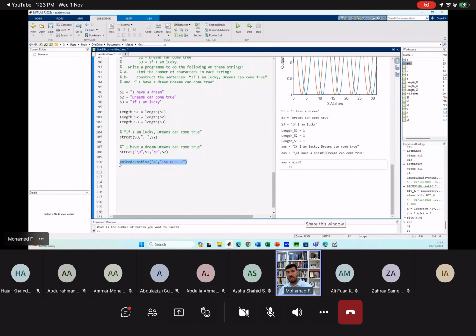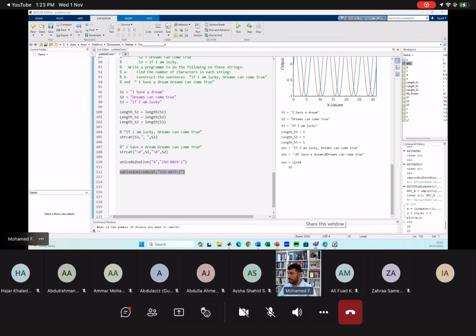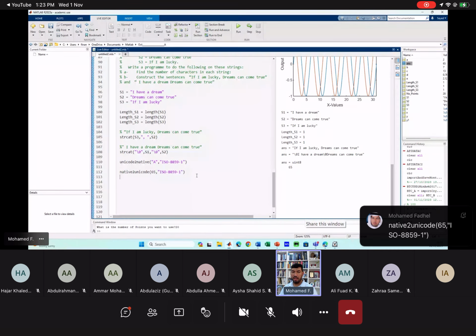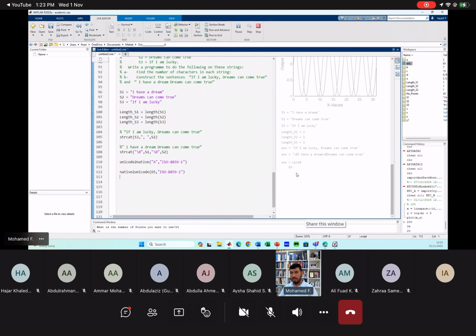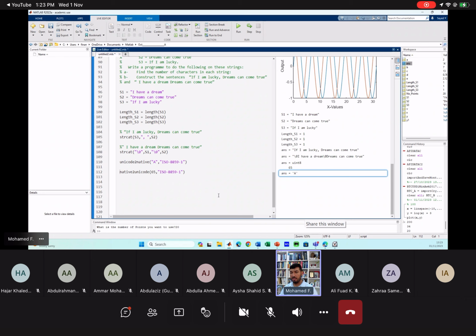Now, if I take almost the same function and I write native to Unicode of 65, it should give me what? The capital letter A. So let's just run it. And we can see that this is 65 and this is the letter A.